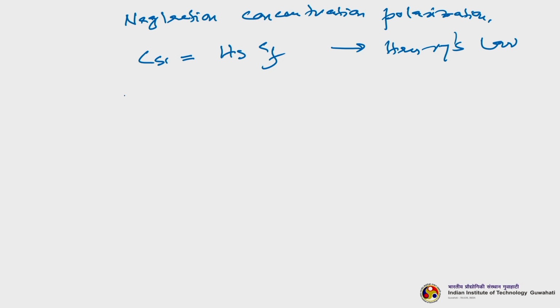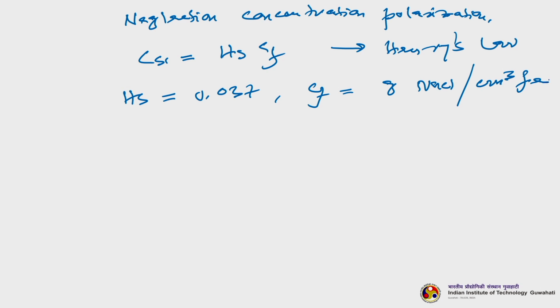So, Hs is given as 0.037, and CF equals gram NaCl per centimeter cube feed, that is CF is also given.